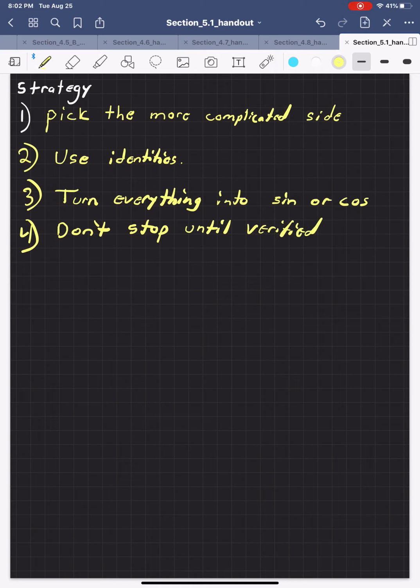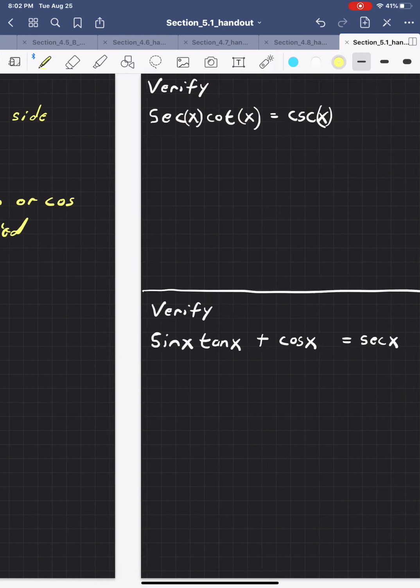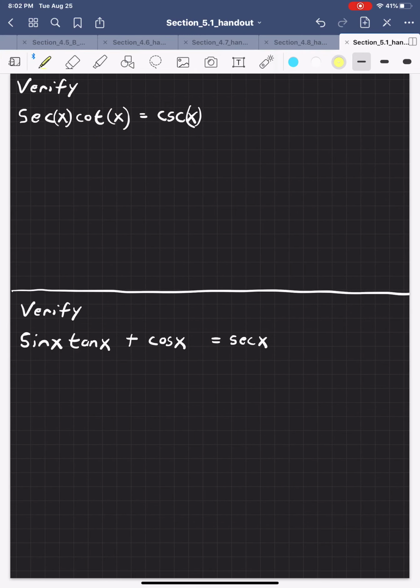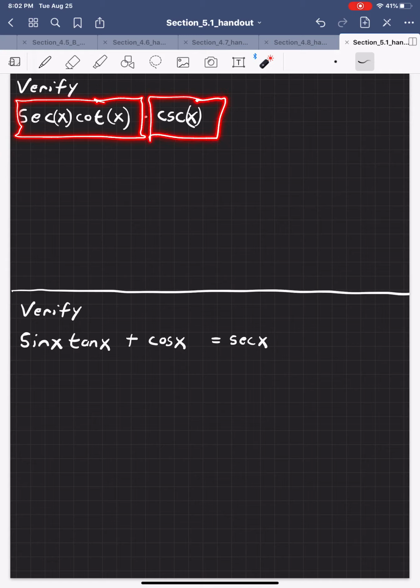Okay, so let's go to our first example. So notice this does not say solve. Section 5.5 will be about solving for x. This is verify. So the goal in the game is I need to make the left side look like the right side. You're going to pick the more complicated side.